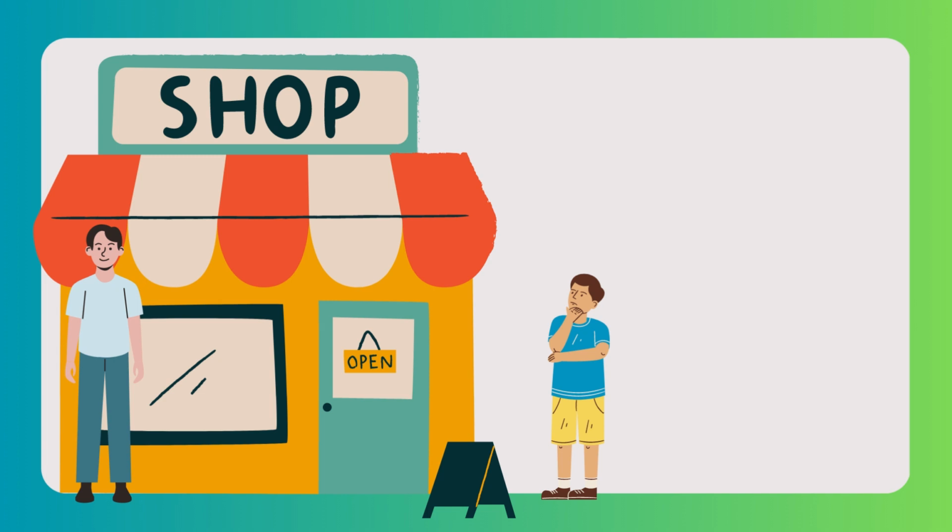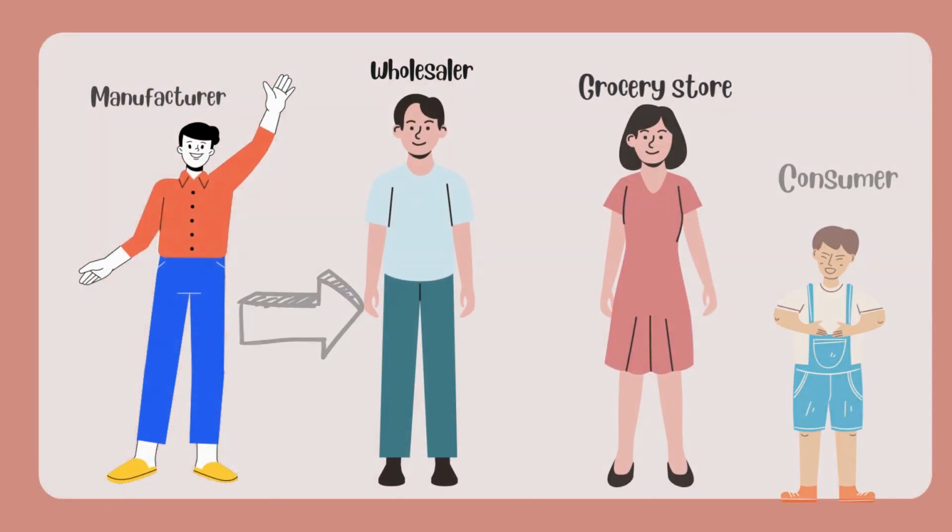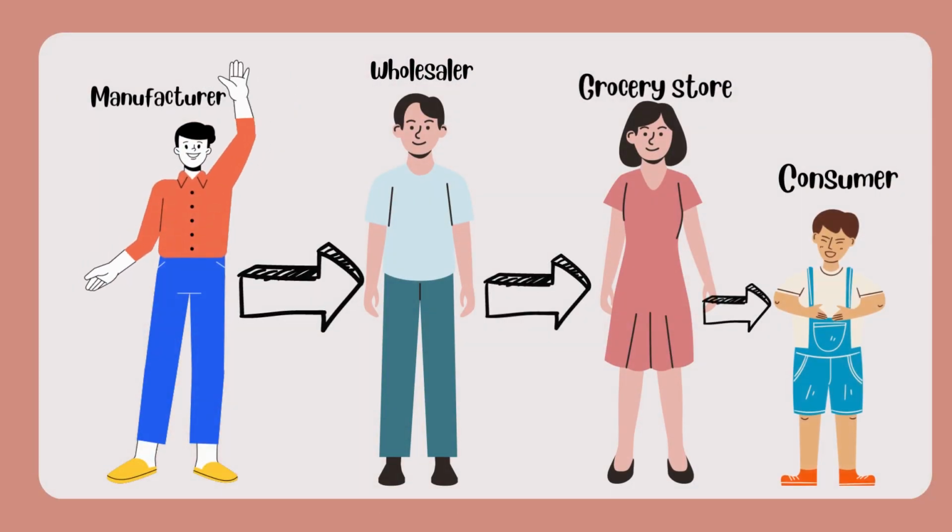So, let's start with the manufacturer. He makes the lollipop for 100 rupees and GST for 12%, which means 12 rupees. In total it makes 112 rupees. So, next the manufacturer gives a tax invoice to the wholesaler that the value of the lollipop is 100 rupees and the GST of it is 12 rupees. Now, 100 rupees is called the taxable value.